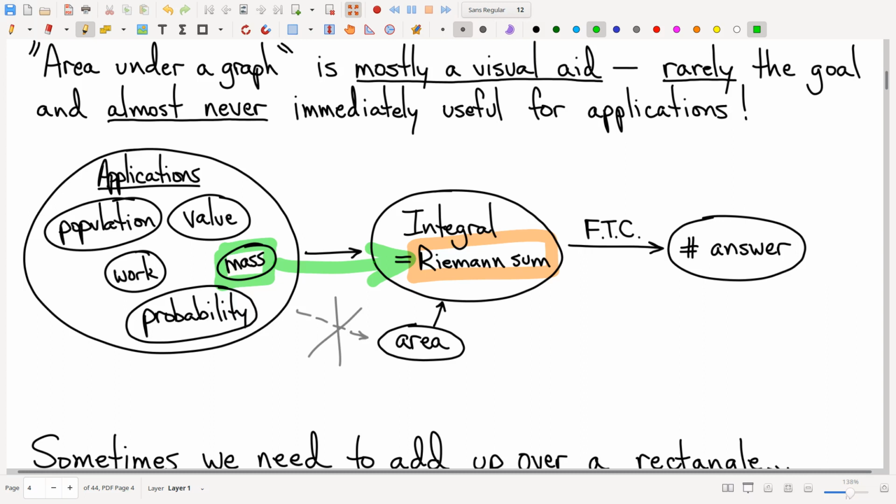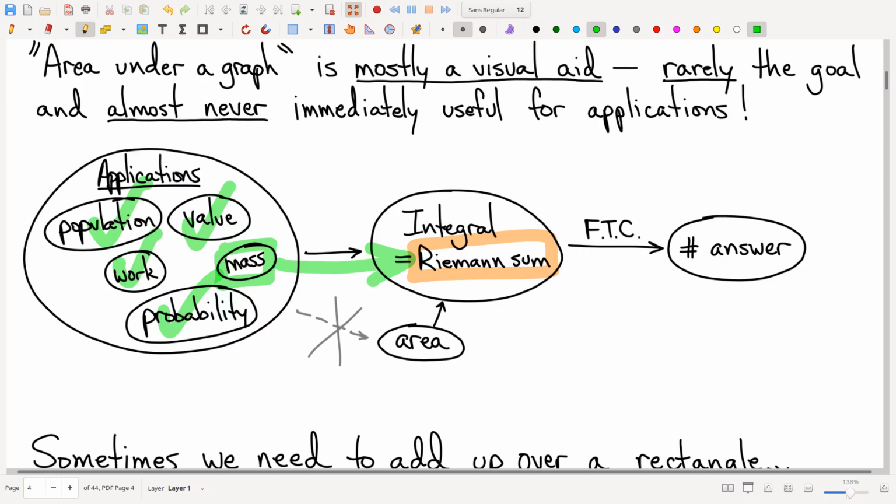Then you add up, do a summation over all those pieces, and take a limit as n approaches infinity. And there you go, you've constructed a Riemann sum. You can do that for a mass problem or various other applications: chop the question up into little pieces, answer the question on each little piece, and then add up over all the pieces, namely Riemann sums.